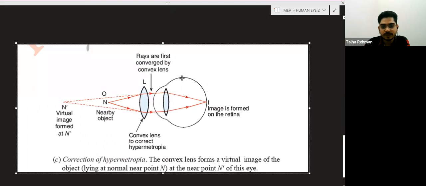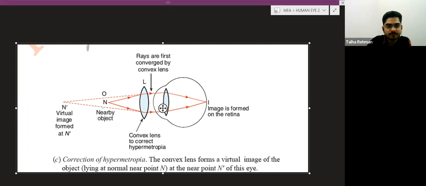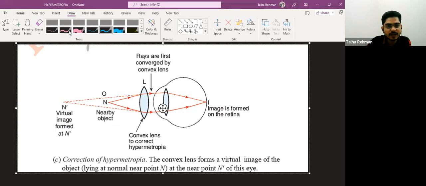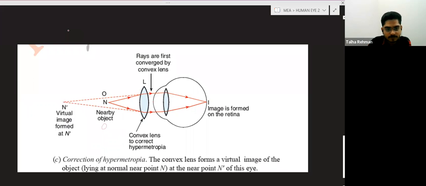So see here, this is your diagram. This is your eye, the eyeball. This is the eye lens. This is the object this eye wants to see. Suppose this is a person, present at the near point of this eye.